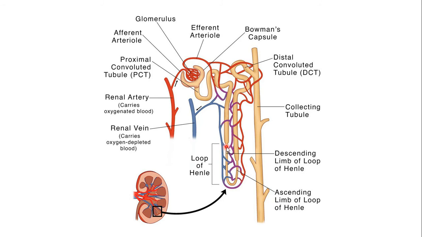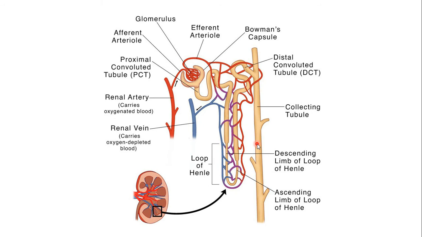In particular, this is the descending limb of the loop of Henle, and this one is the ascending limb. This part is the distal convoluted tubule, the DCT. And coming down here, this is the collecting duct. So that is the diagram of a nephron.